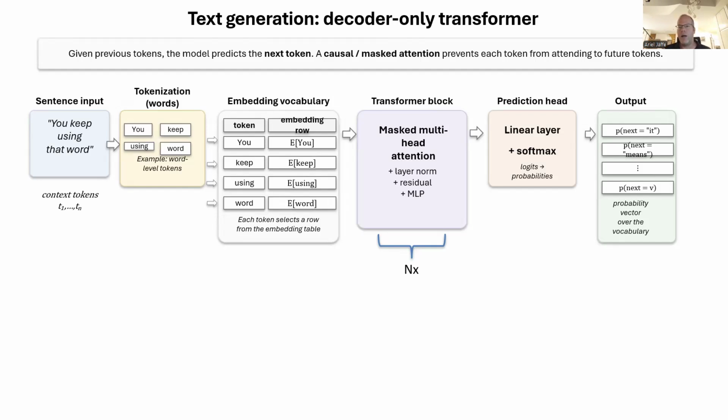So when we use the masked multi-head attention, we block certain edges in the attention graph, making sure that future words do not affect previous words. This masked multi-head attention is usually repeated several times.